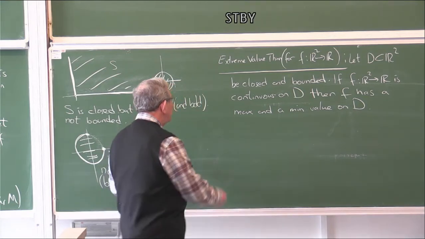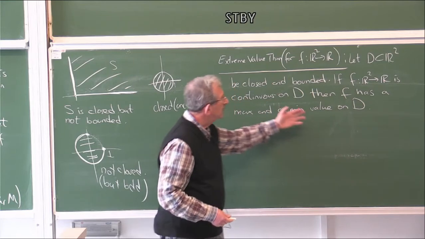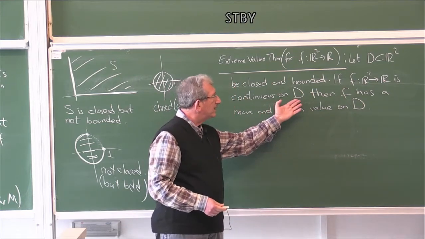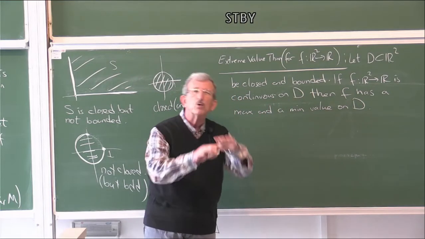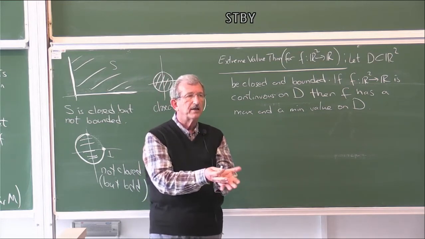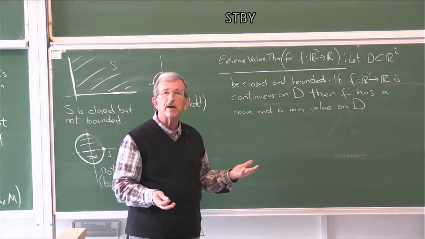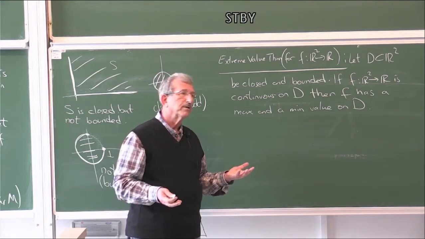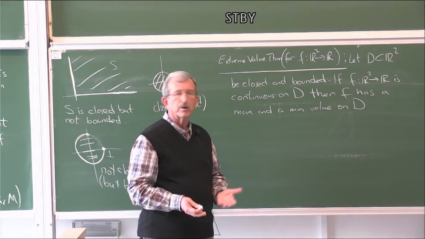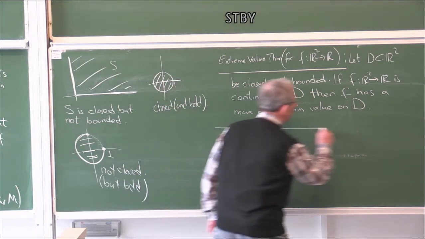Now, this only tells us that if we have a function of two variables, and if we have a nice domain, say a closed disk, and if f is continuous, the theorem says it has a minimum and a maximum. Okay, the next question, how can we find them? Well, this is an entirely different story.